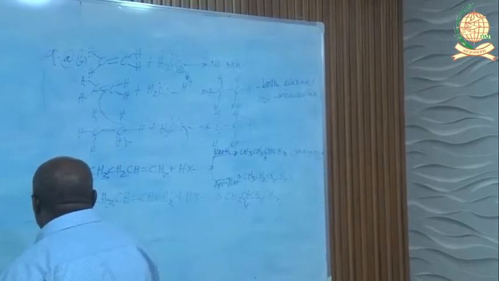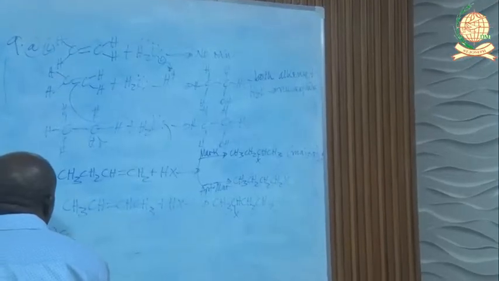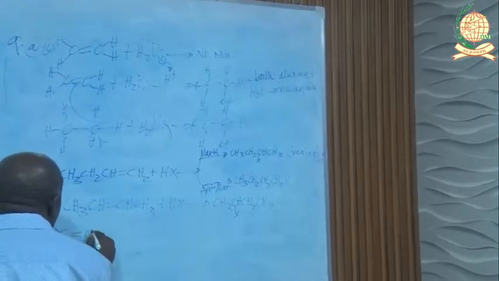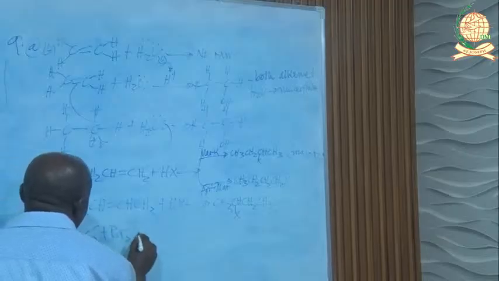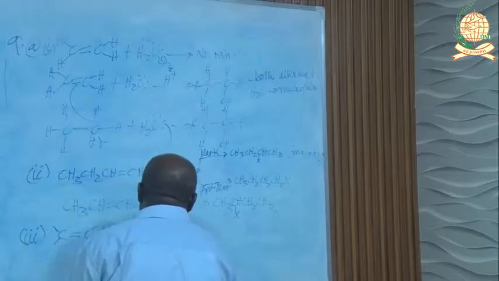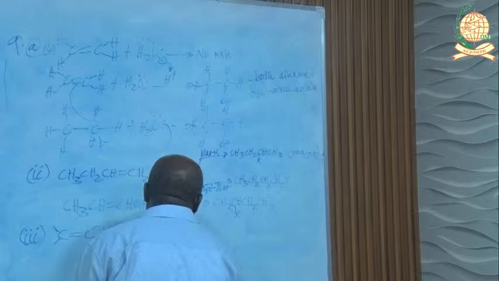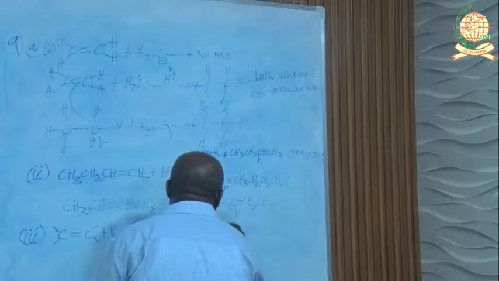The reason why the reaction between alkene and bromine water ends up with the formation of 2 products: that is vicinal compound, this is a bromine, this is a bromine, this is a vicinal compound.